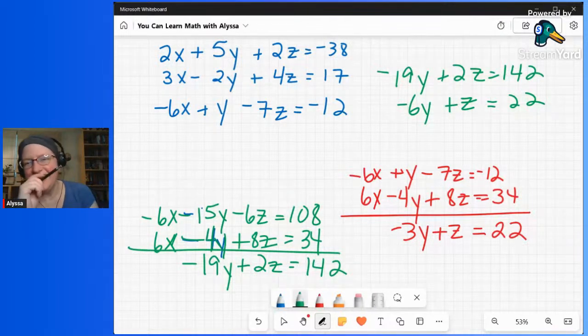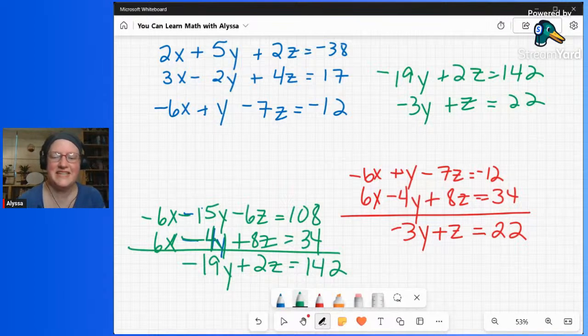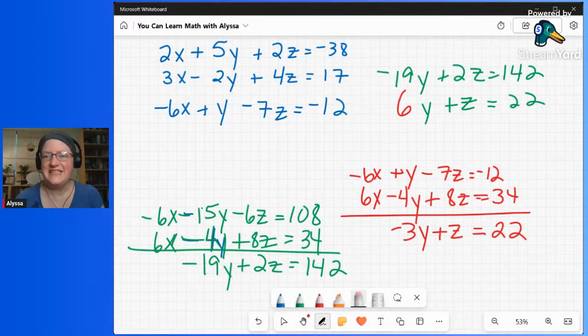And I just realized, that was supposed to be times a -2. I am getting punchy. All right, get it together. -3y times -2 is a +6. Positive z times -2 is -2z. And 22 times -2 is -44.